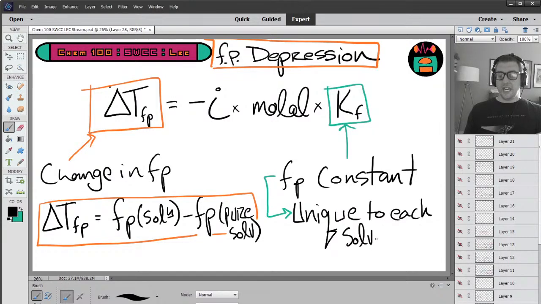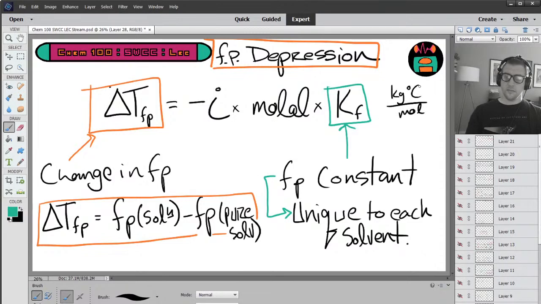So for each individual solvent, you need to look up what that specific freezing point constant is. And it has units, really weird units, of kilogram degrees Celsius over moles. Right, those are the units for the freezing point depression constant.